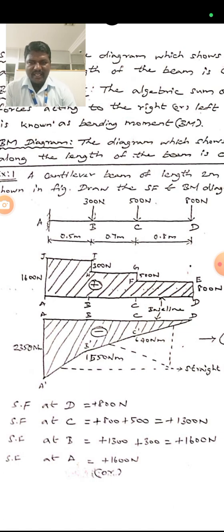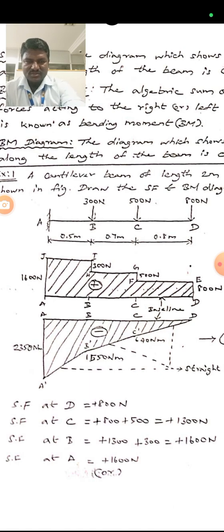Going to the next point, A. Right to left, at point A you simply calculate the total load of the beam: 300 plus 500 plus 800, so totally 1600. Very simple. At point A, without the point load it is 0, with the point load it is 1600 Newton.